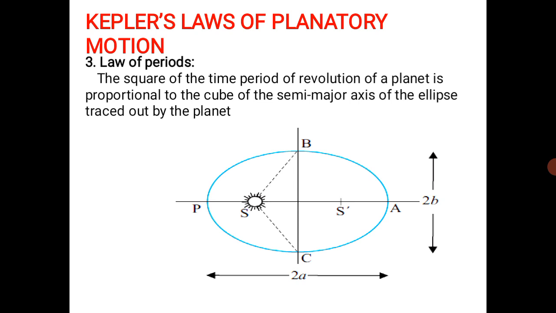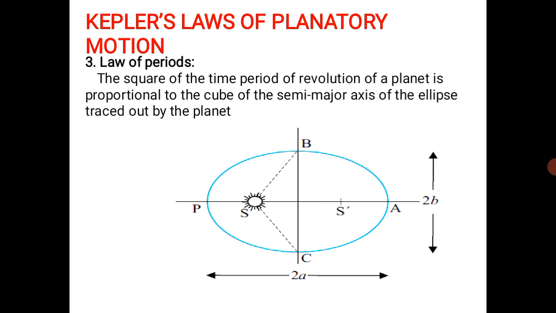Okay, so this third law states that the square of the time period of revolution of a planet is proportional to the cube of the semi-major axis of the ellipse traced out by the planet.